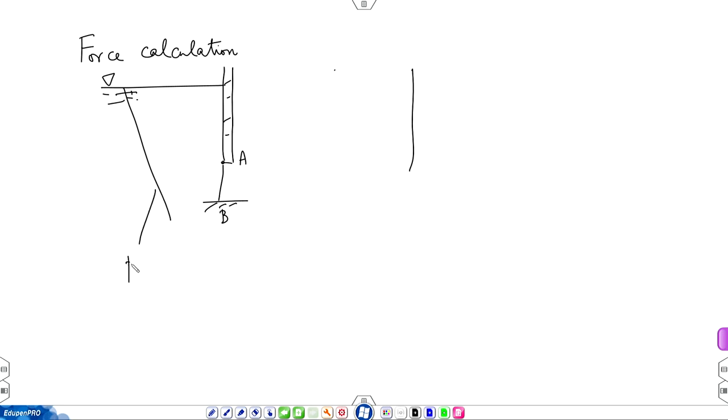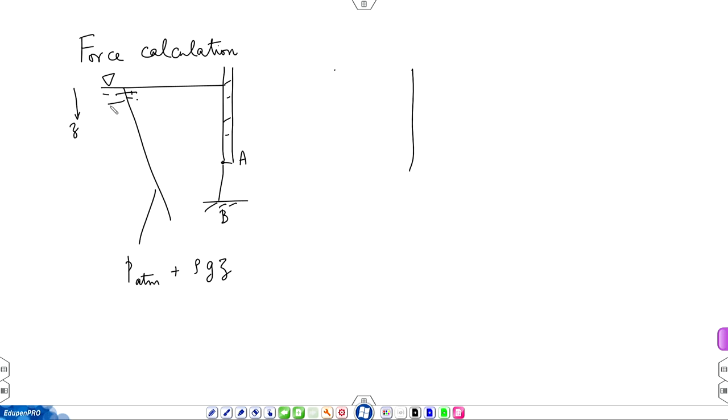So, this will be P atmospheric plus rho g z, where z is vertically downwards, and minus rho g z if z is pointing upwards. At point A, let us say we set P atmospheric equal to 0, because you are going to find the total force acting on AB from the right hand side, which is exposed to atmospheric pressure.